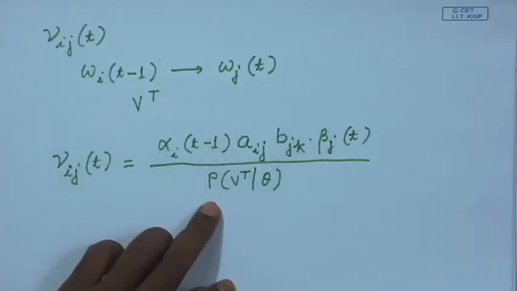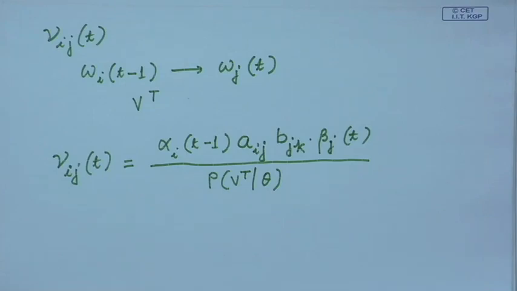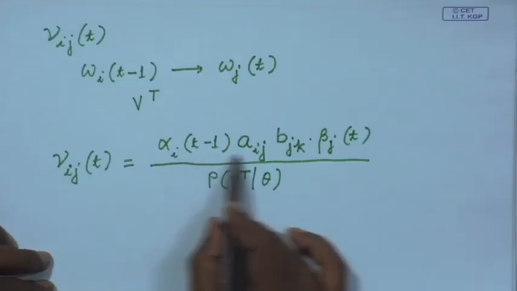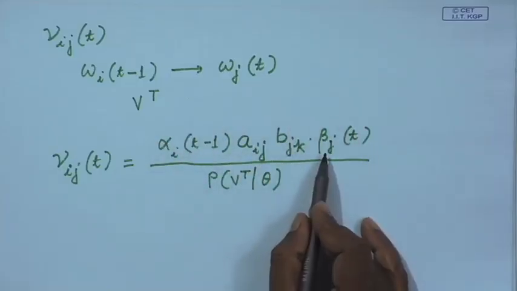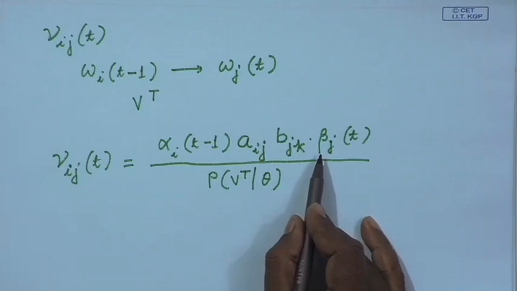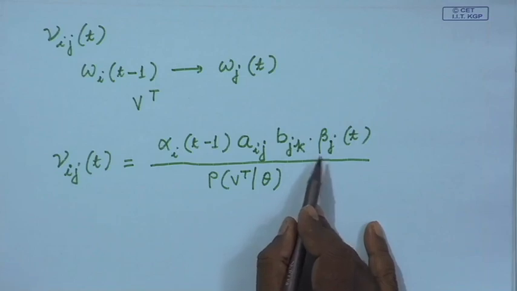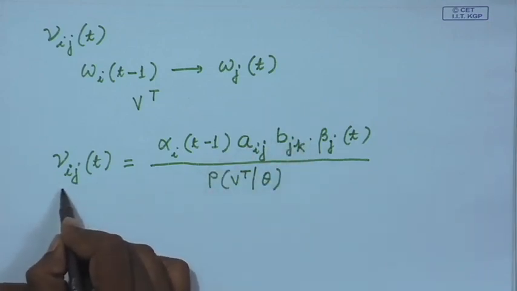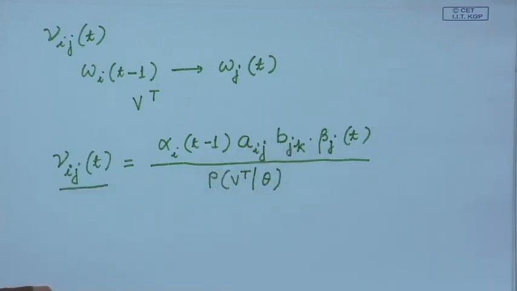So, this p of V T given theta is actually the probability that the model theta has generated this V T following any path, and this includes only that path where a transition from omega i to omega j from time step t minus 1 to time step t is involved. So, this is an estimate of the probability of transition in the tth step from omega i to omega j, at time step t.